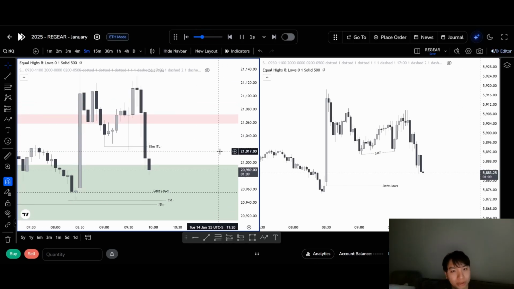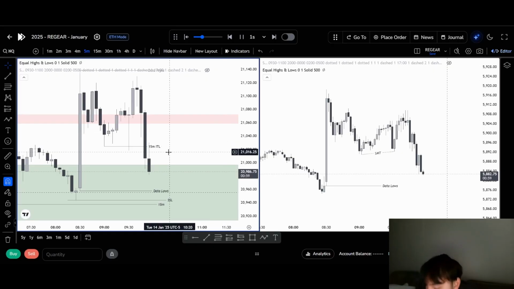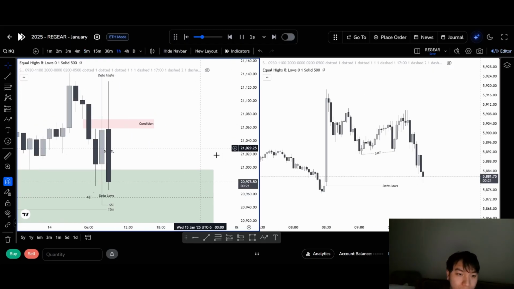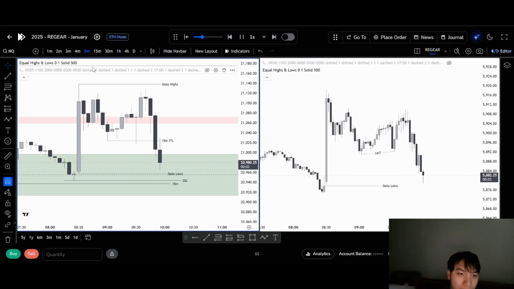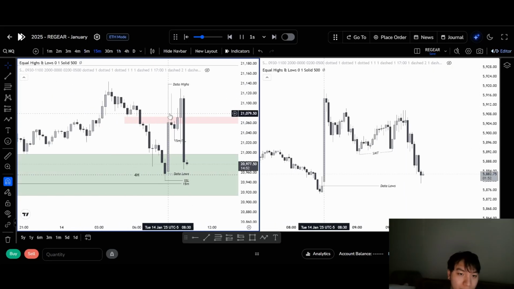For now, I'm seeing price just wants to keep going lower. We are within an hourly, so we are currently respecting it. 15-minute, we validated it.